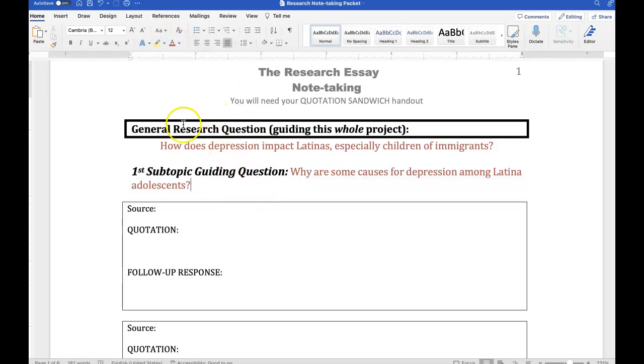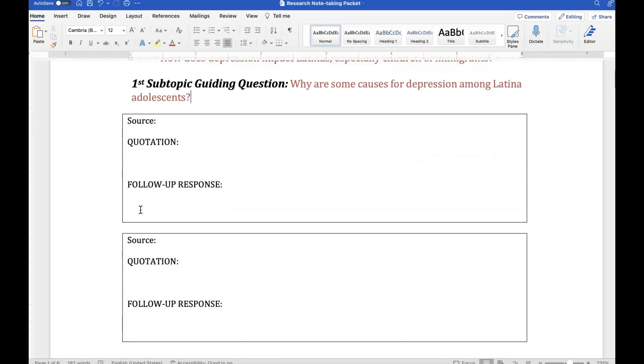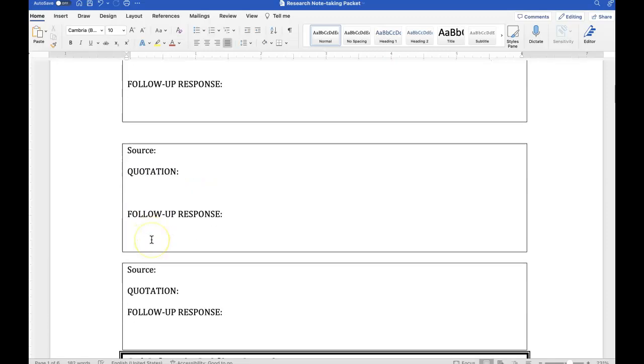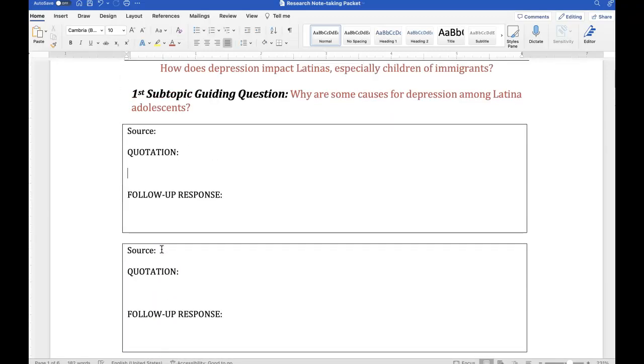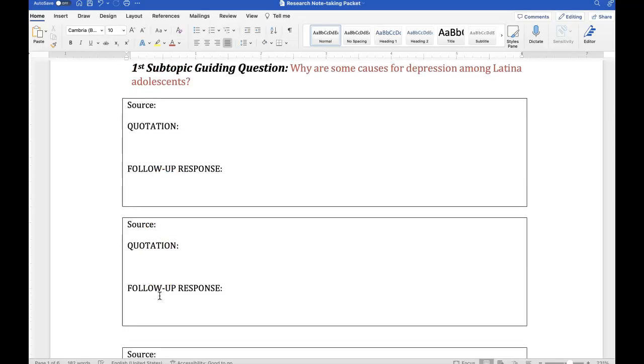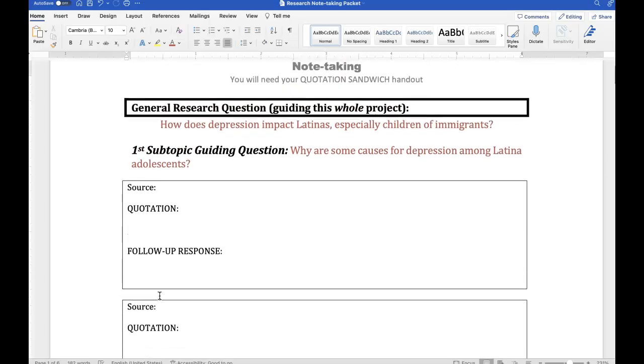All right, so now because this is my first subtopic guiding question, whenever I come across information about this, meaning quotations that I can include in my essay, I'm going to put the quotations right here. So I've got boxes for up to 4 different quotations. You might only have 1, you might have 2, you might have 5. I don't know. That's up to you to decide.